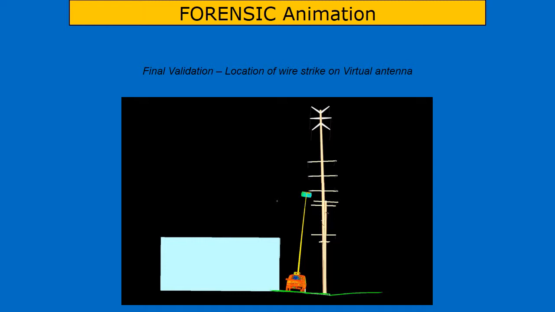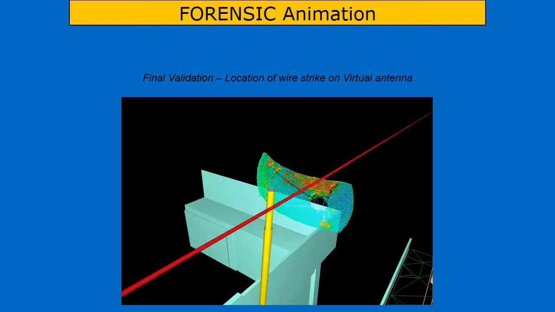So once we take the van, scan it, the scene, scan it, the power line, scan it, create an accurate model, put everything back where it is, the end result is, sure enough, all the data lines up with the wire. Now, the interesting thing about this case, nobody was quite sure which wire was struck. There's a lot of wires up there.